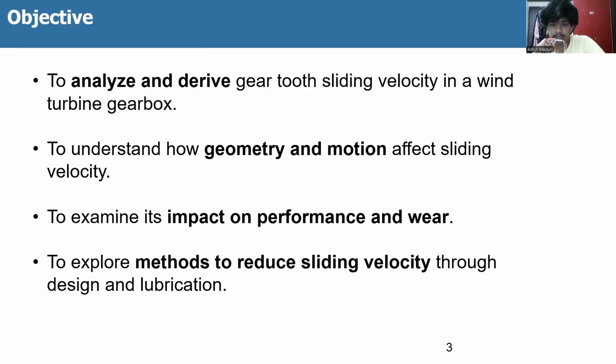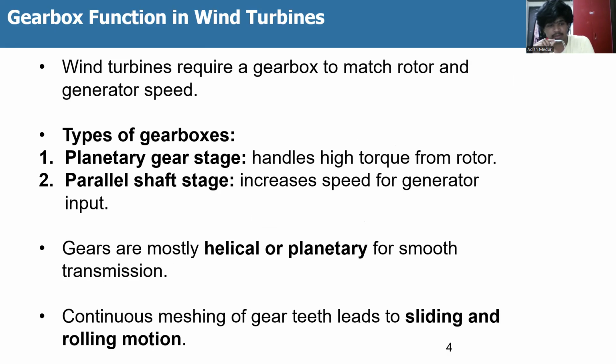To examine its impact on performance and wear is another. Another one is to explore methods to reduce sliding velocity through design and lubrication. So yeah, these are the objectives.